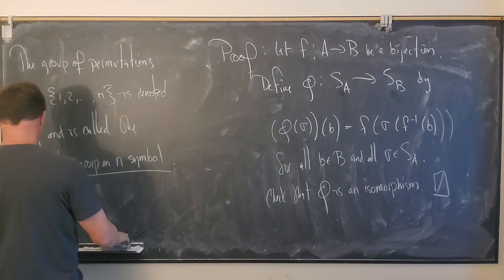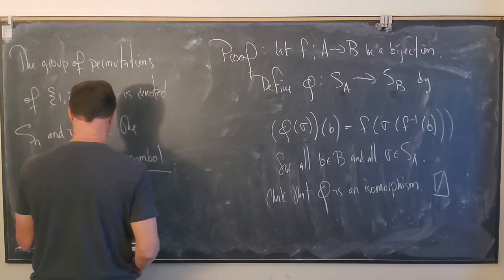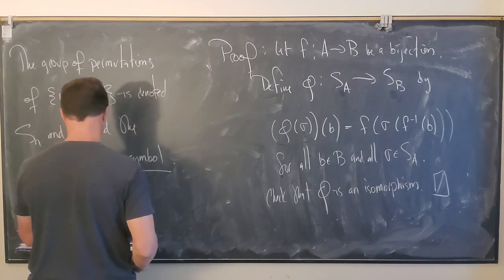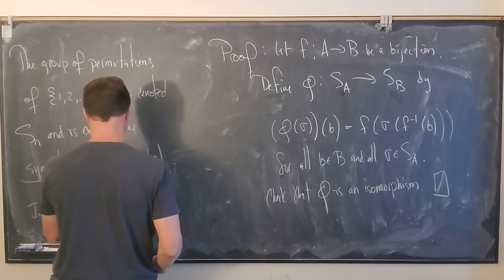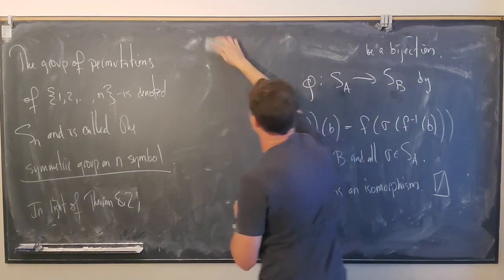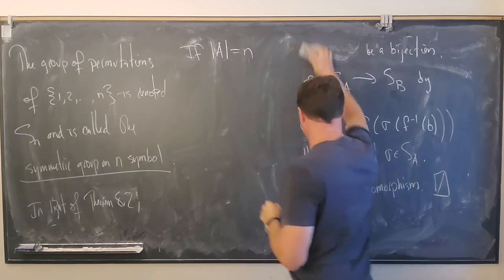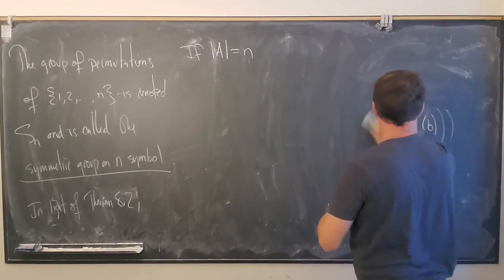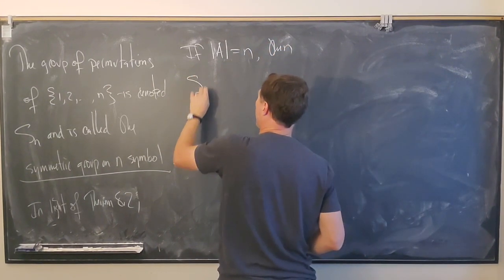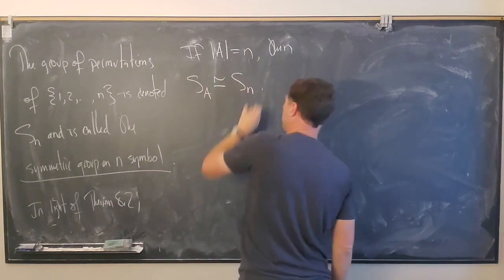In light of theorem 8.2, if our set A consists of n elements, then S sub A, the group of permutations of the set A, is isomorphic to S sub n.